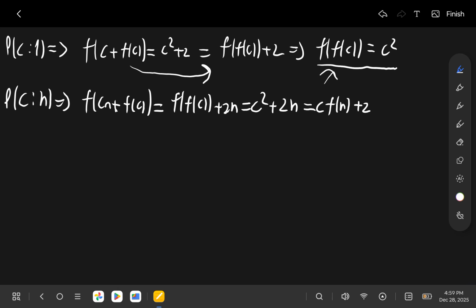So from this we actually get that f(n) equals (c squared + 2 times (n minus 1)) divided by c.